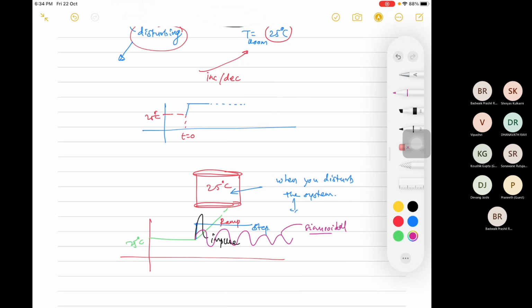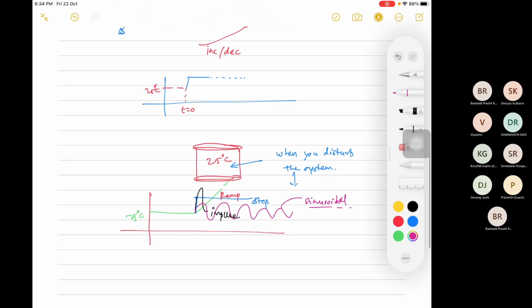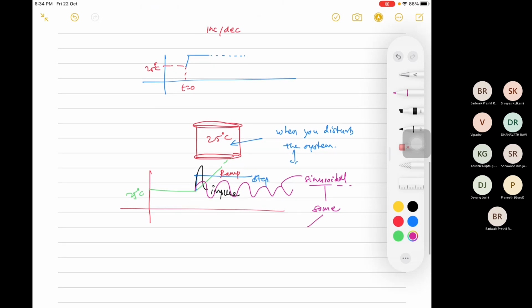So you disturb the system with some input, the disturbance is an input to the system, and based on that the system will react. This input is not random.